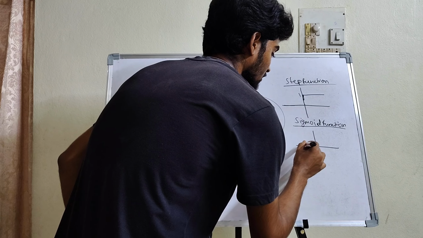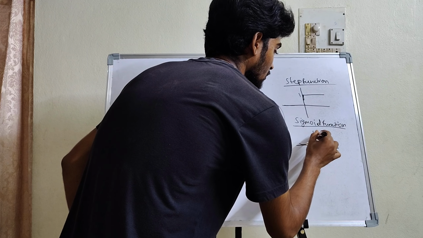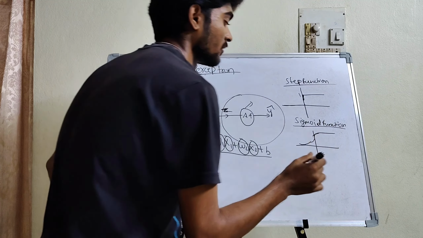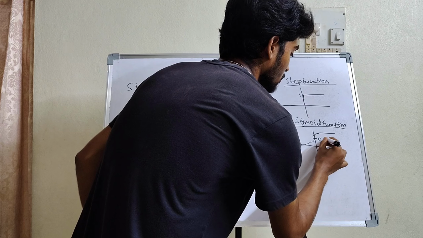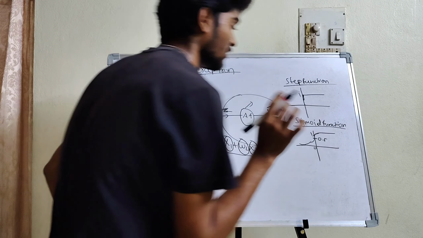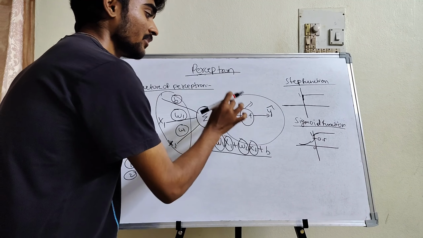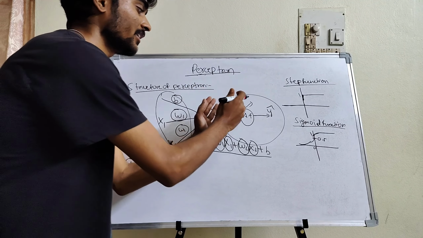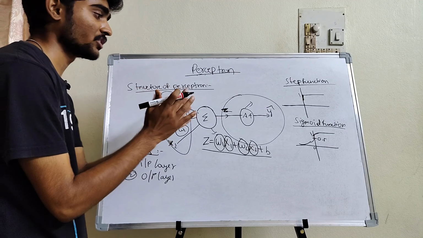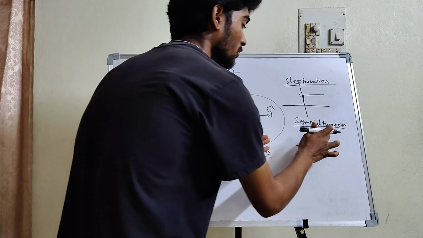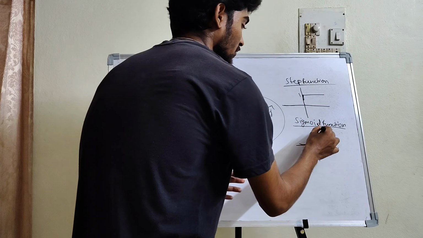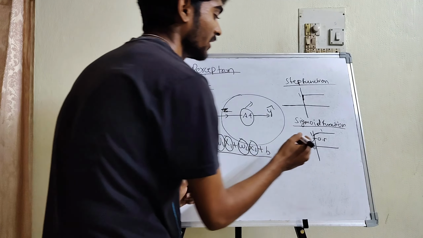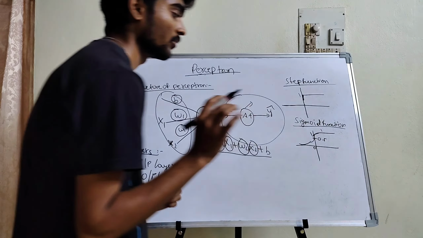In the sigmoid graph, this is the threshold value 0.5, this is 1, this is 0. After calculating the z value and passing it through the activation function, if the output is above 0.5, the y hat value is 1, and if it is less than 0.5, then the y hat value is 0.